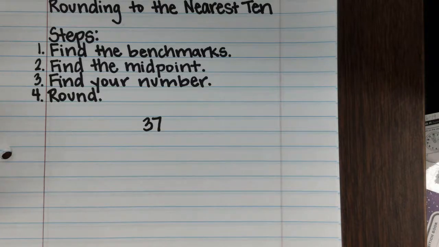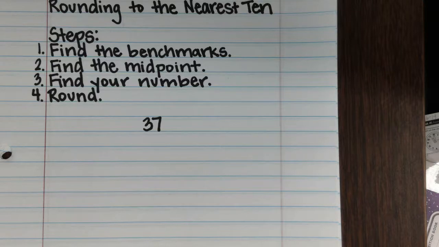All right, guys, I want you to give me a secret signal when you know what digit is in the tens place. Put your answer in your hand. All right, let's release.